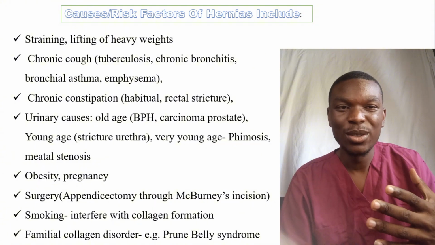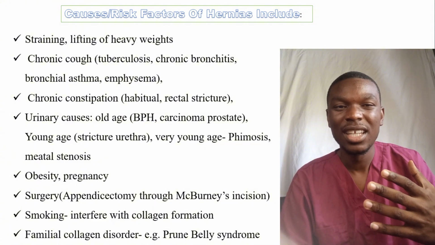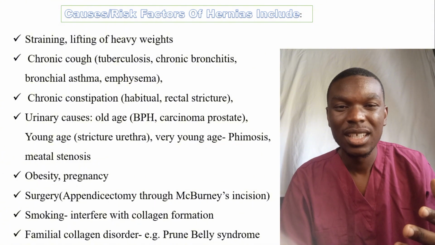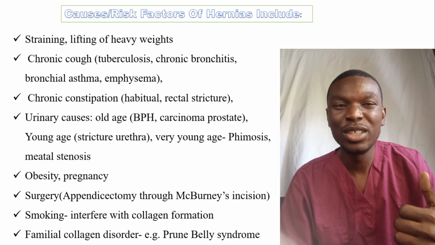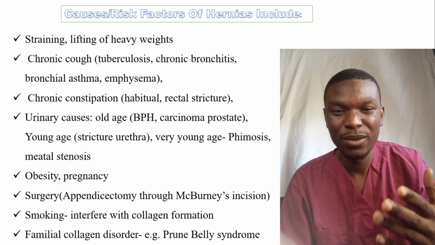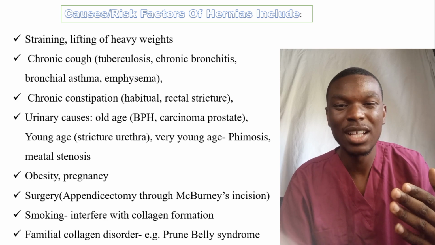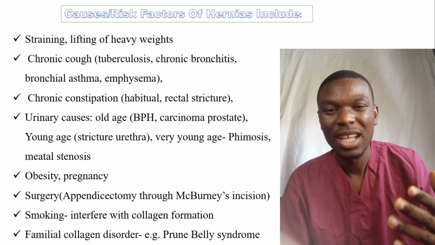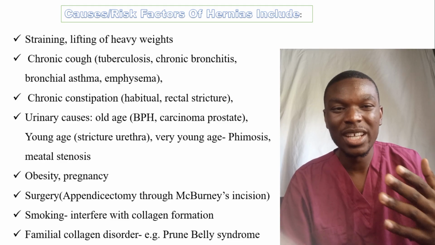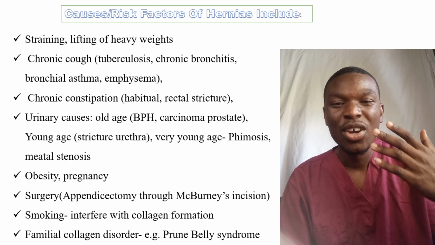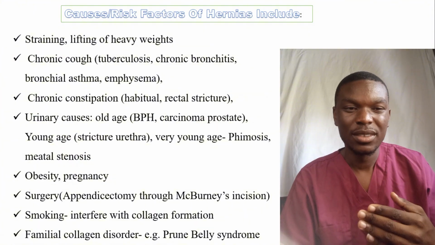Then they tell you that they lift weights. One of the differentials would be hernia, which we're discussing today. They tell you they have chronic cough and they have a bulging in the abdomen or the pelvic area. This would be one of the differentials.